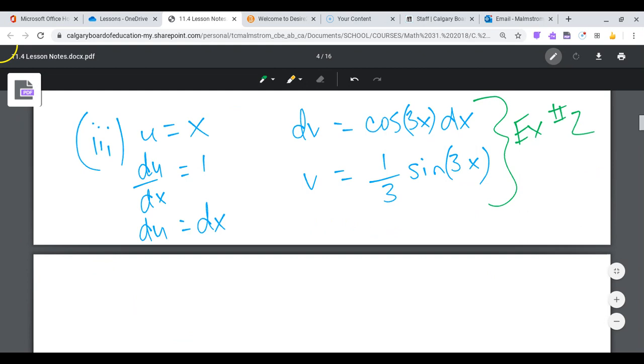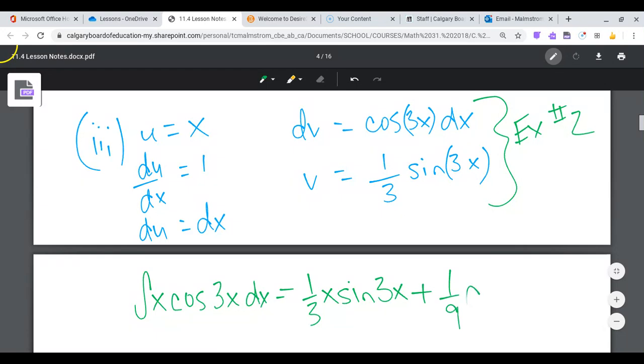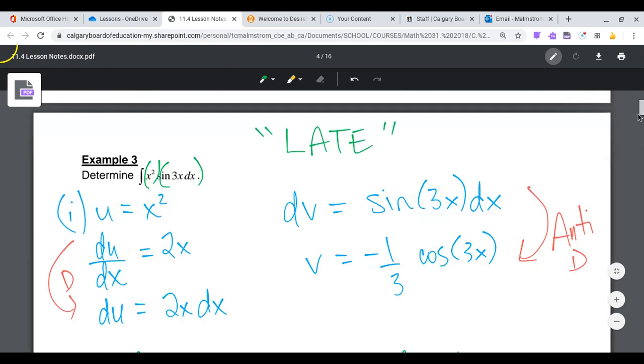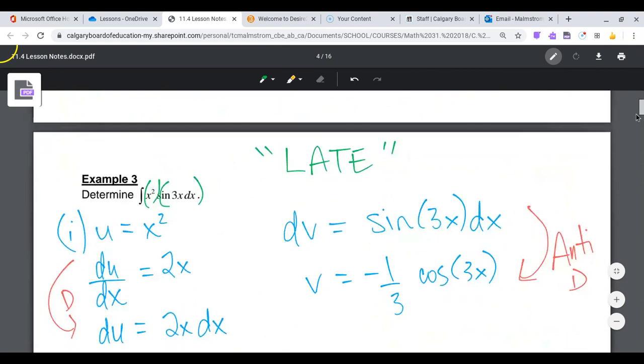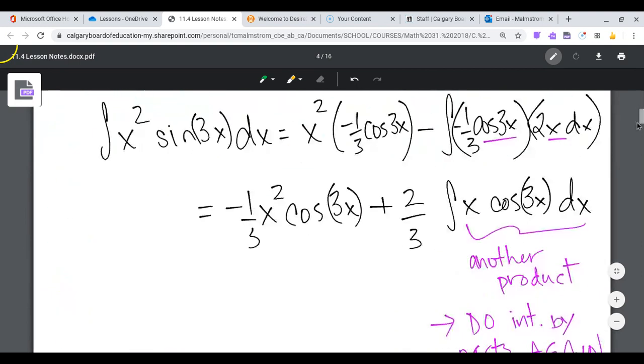So we already know the answer to this is, from number 3, the answer was 1/3 x sine 3x plus 1/9 cos 3x. That's by putting it all back into that rule from example number 2. We already did the hard work in 2, and now we need to use that piece right here.